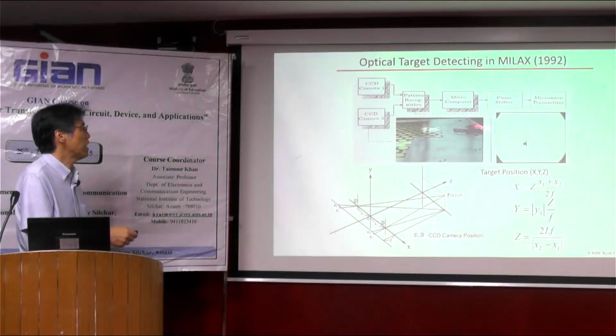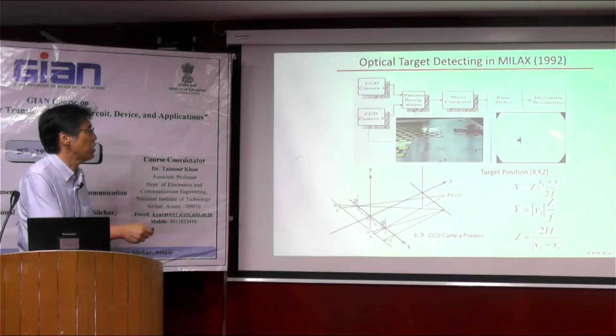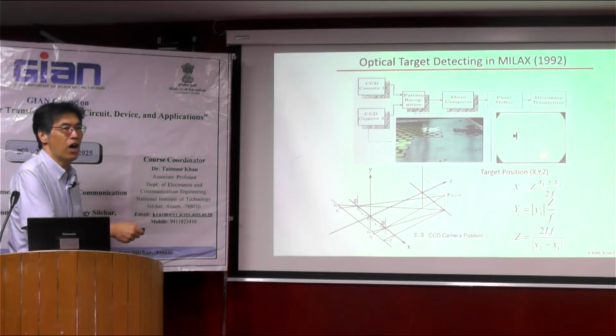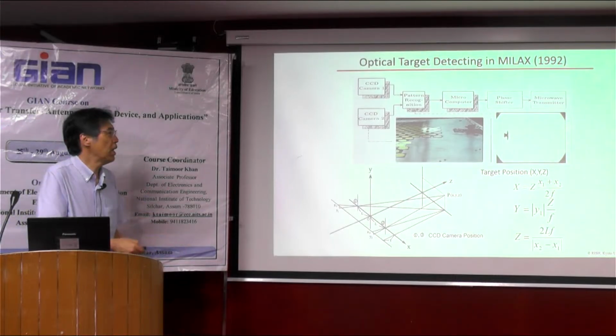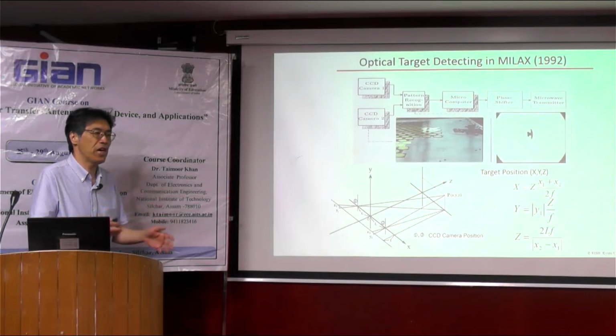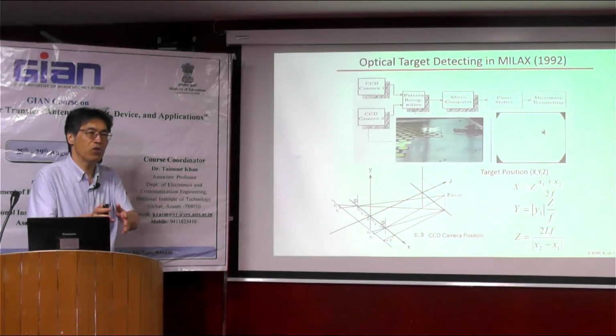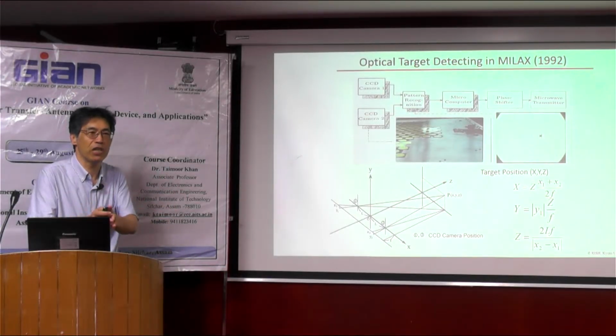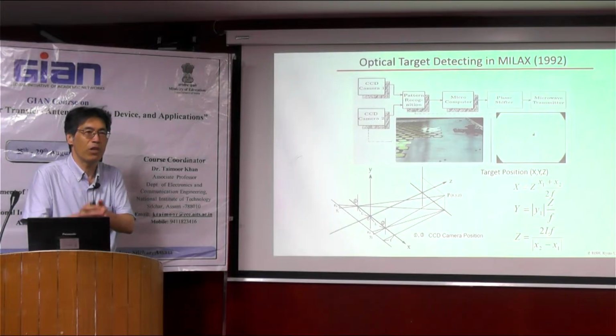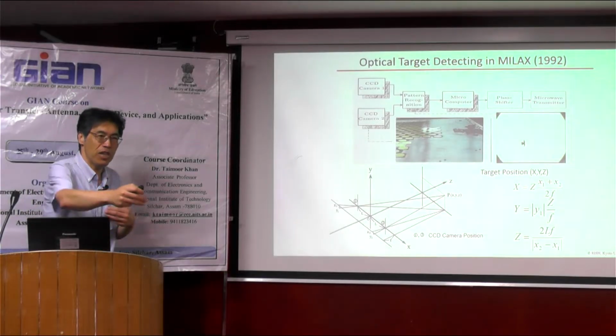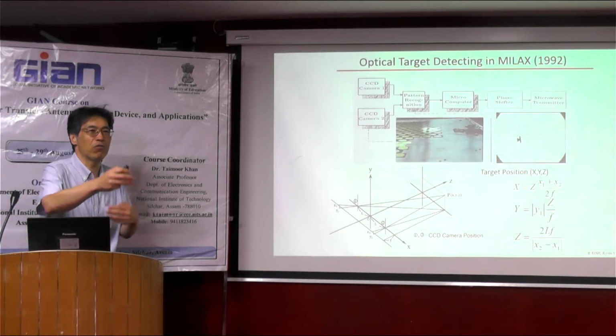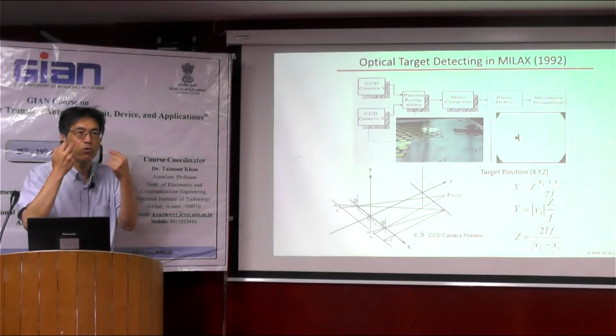So for the target detecting, this is a movie from the 2 cameras. And based on this algorithm, 2 cameras mean we can detect not only the position of the target by the optical method, but also the depth or distance between the transmitter and the receiver, like our 2 eyes.